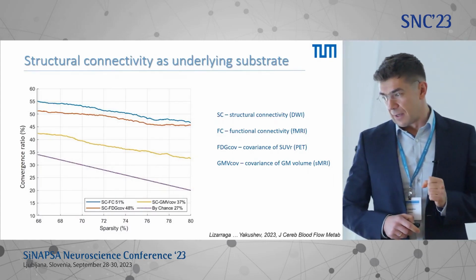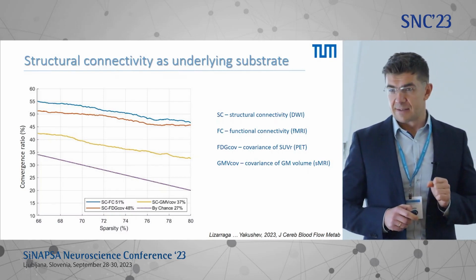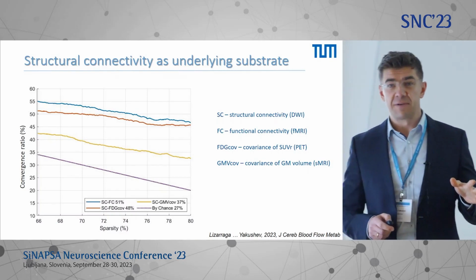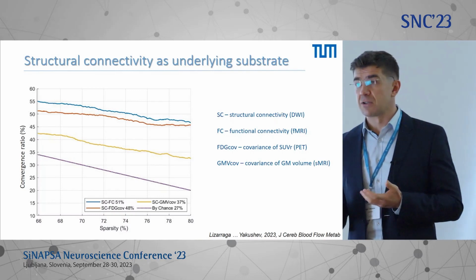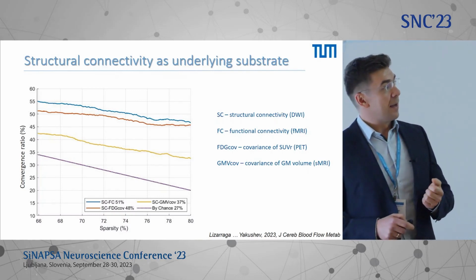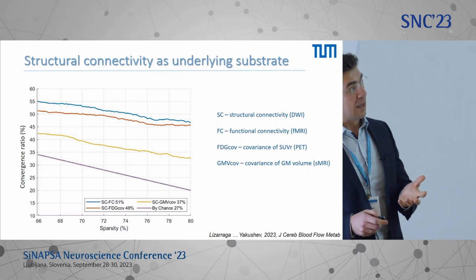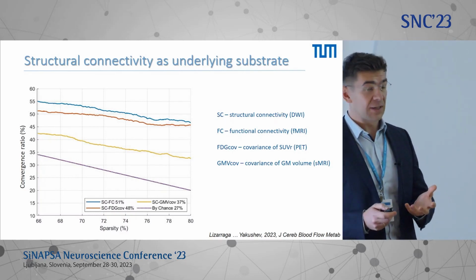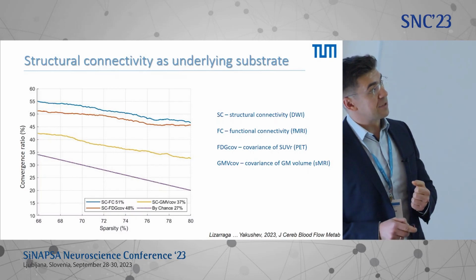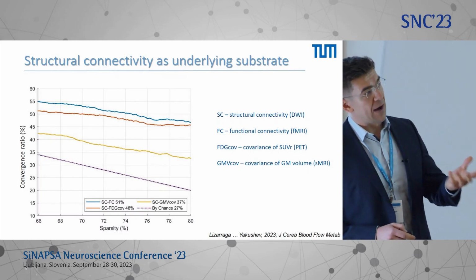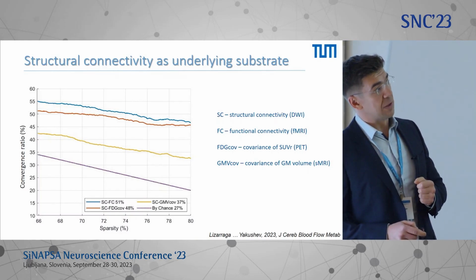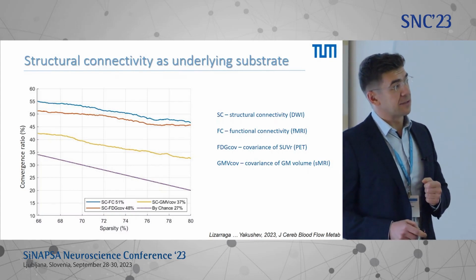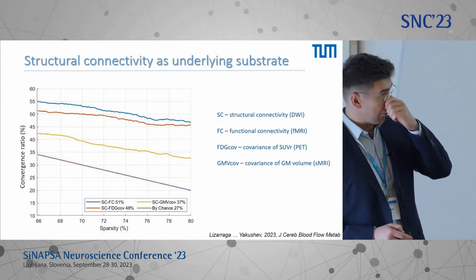Recently published study where we analyzed in how far structural connectivity, so we applied diffusion MRI to reconstruct neural fiber tracts connecting brain regions, and we calculated an overlap between the structural connectivity and what we call functional or proxy measures of functional connectivity, to which belong functional connectivity itself, then covariance of FDG signal and covariance of gray matter volume.